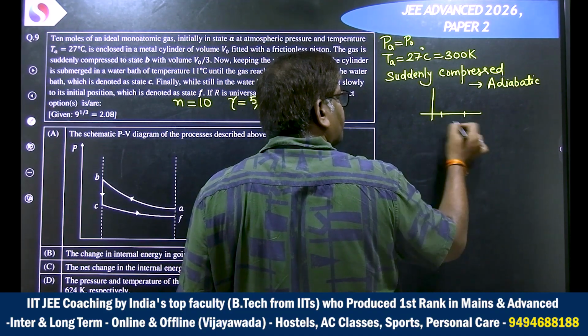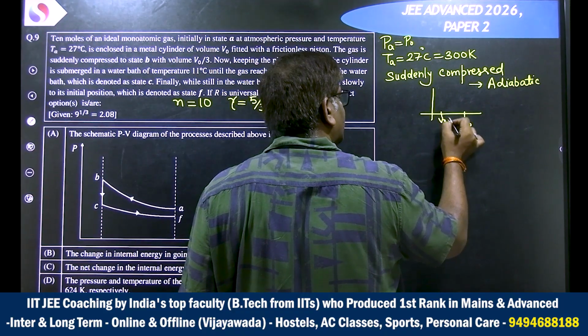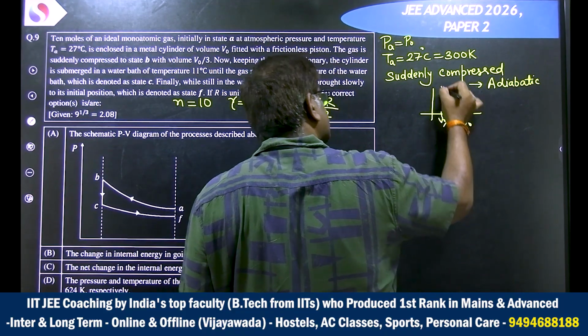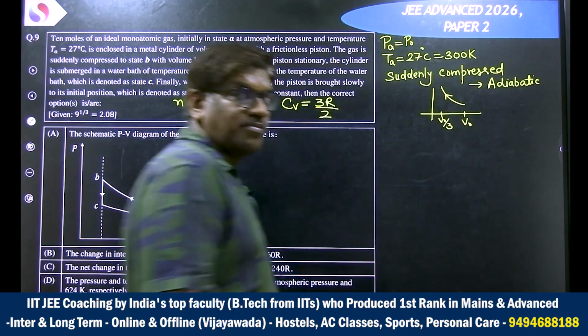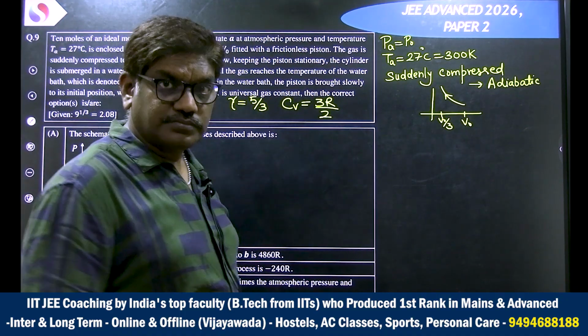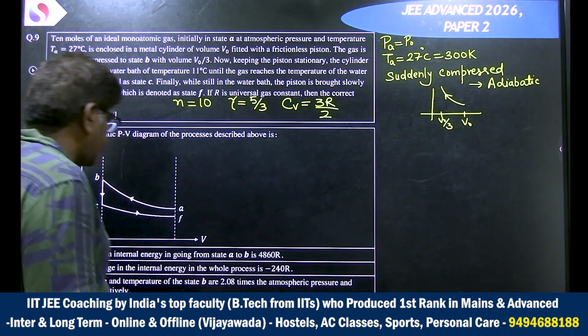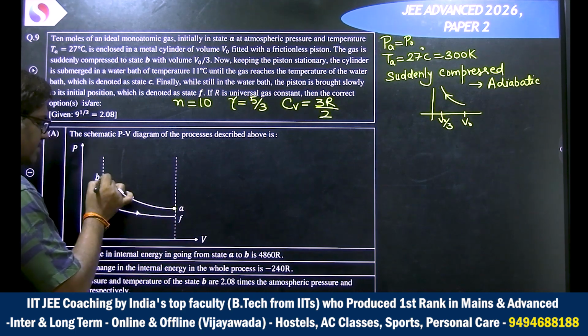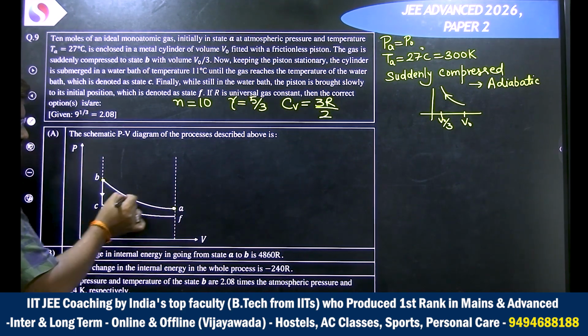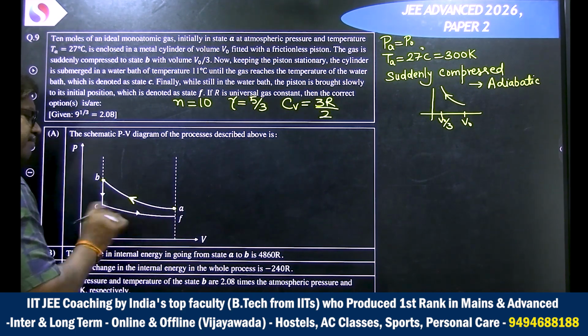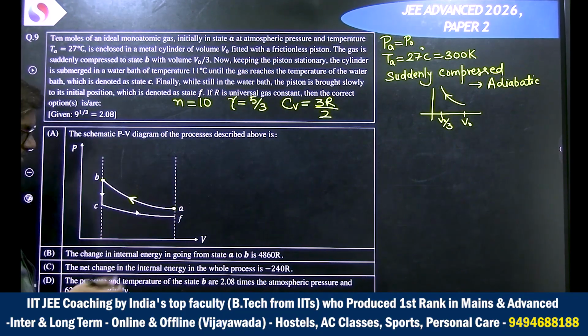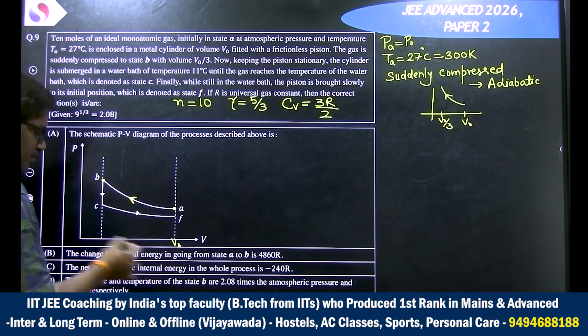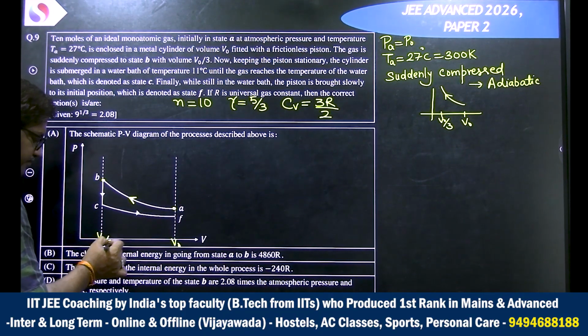In an adiabatic process, if the volume is compressed from V0 to V0 by 3, then the pressure will increase. So the graph will be a rectangular hyperbola with increasing pressure. That means in this diagram, from A to B, the pressure will definitely be increasing. So this first path is all right, because the volume is compressed from V0 to V0 by 3.